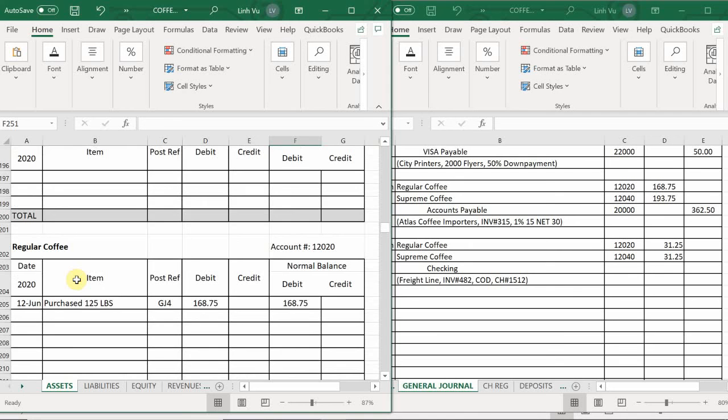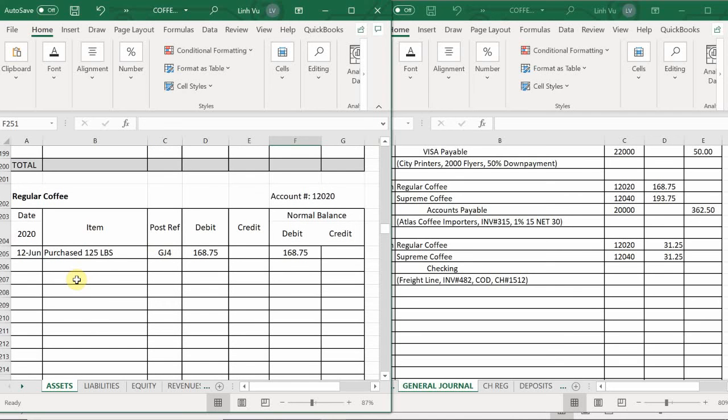So here I am going to add my freight cost into my regular coffee account. Here we are, regular coffee. It is $6.12. And what I'm going to indicate here is this is going to be freight cost.